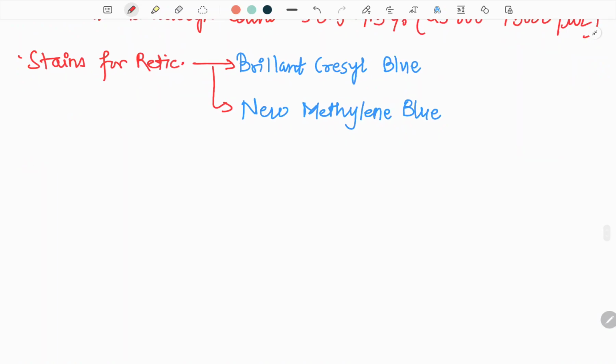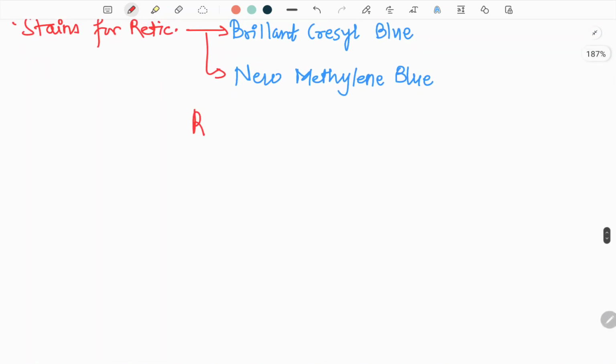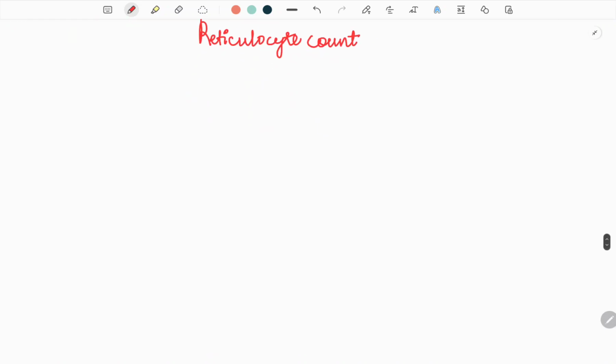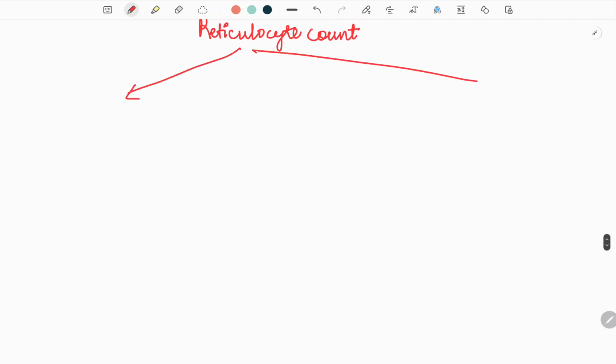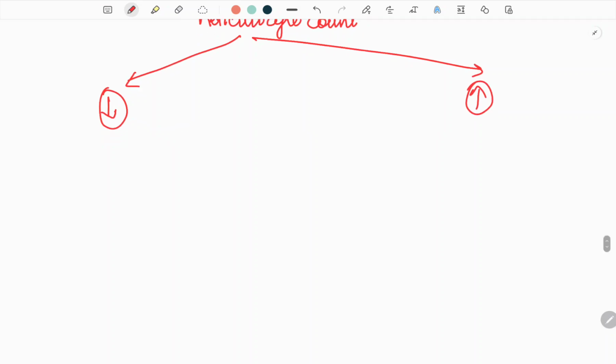Now on the basis of reticulocyte count, we can classify anemia into hypoproliferative and hyperproliferative anemia. Okay. So on the basis of reticulocyte count, retic count can be low or at a higher side. Okay.